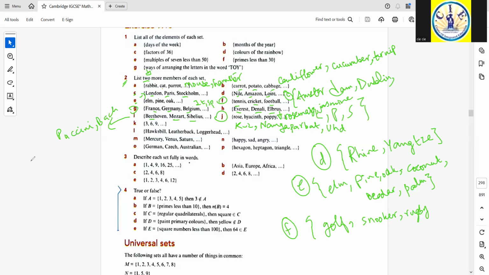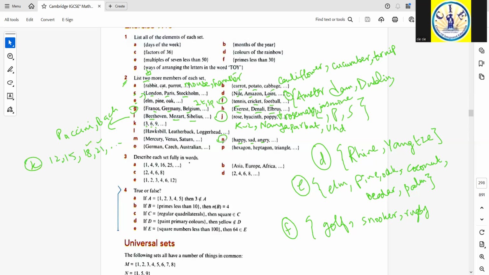Okay, for part K, we have got multiples of 3: 3, 6, 9. So after 9, we can include 12, 15, 18, 21. So any two of these would serve the purpose and so on. Then in the same way, for example, part N. These are some mood swings: being happy, sad, or angry.